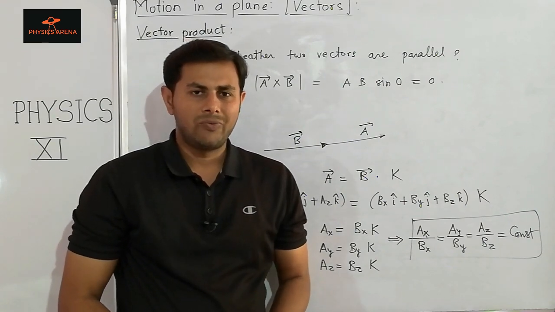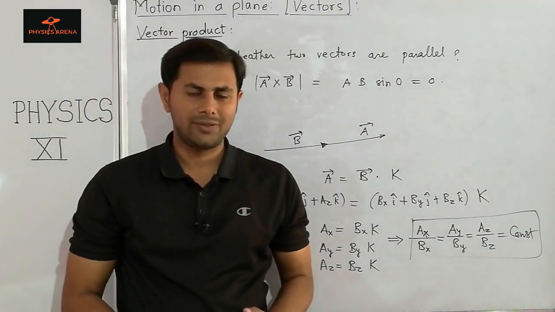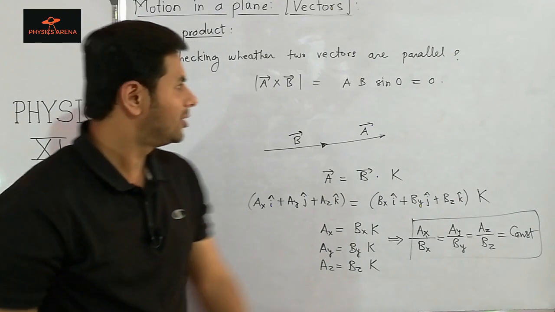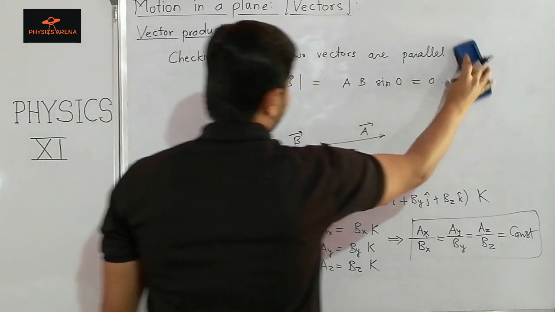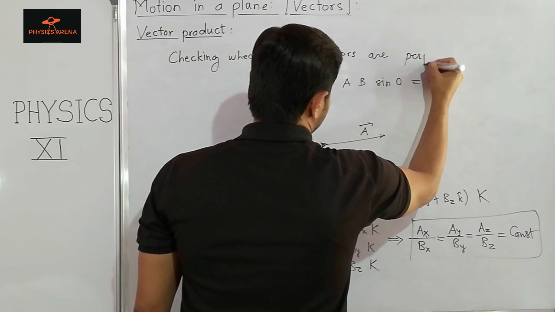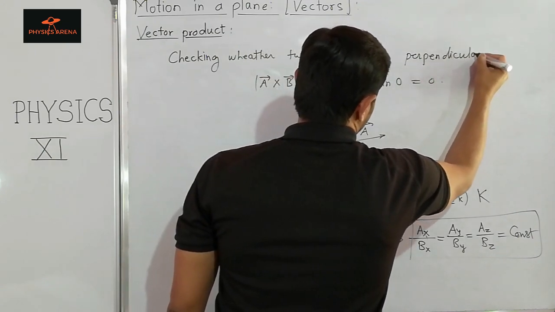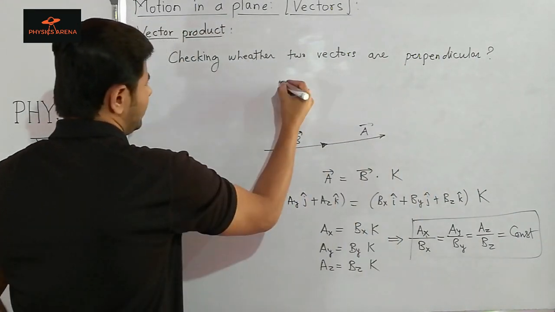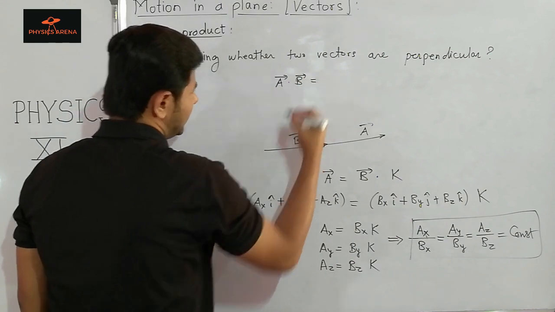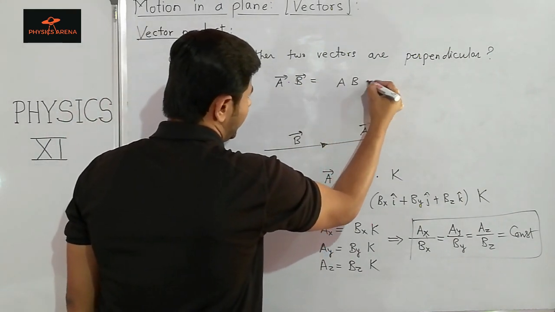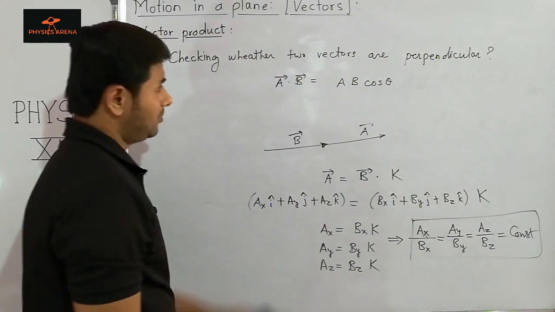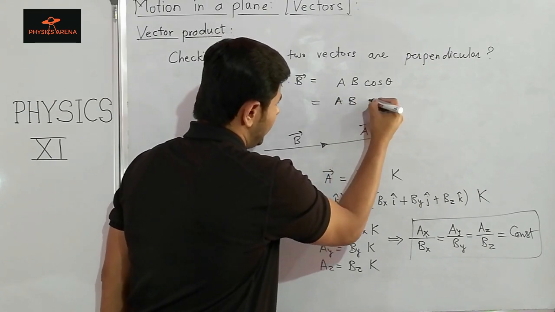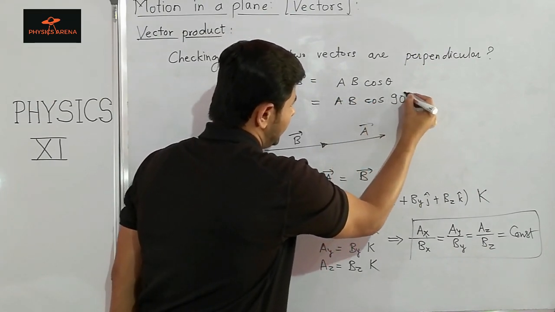But we can use scalar product to check whether two vectors are perpendicular or not, because it's very simple to do so. So for checking whether two vectors are perpendicular, we will take scalar product A bar dot B bar, which is equal to AB into cosine of theta, and if two vectors are perpendicular, the angle between them will be 90 degrees, so it is AB into cosine of 90 degrees.